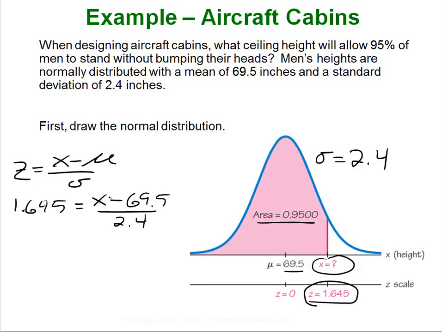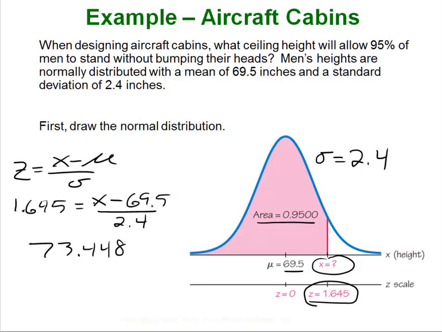It's not too bad. It's pretty easy algebra, right? Multiply both sides by 2.4 and then add the 69.5 and you'll solve for x. It's not bad at all. In fact, if you do the math, it ends up being 73.448. No, I'm not Rain Man. I have that written down. I've done it before. That's what you get if you use the formula.